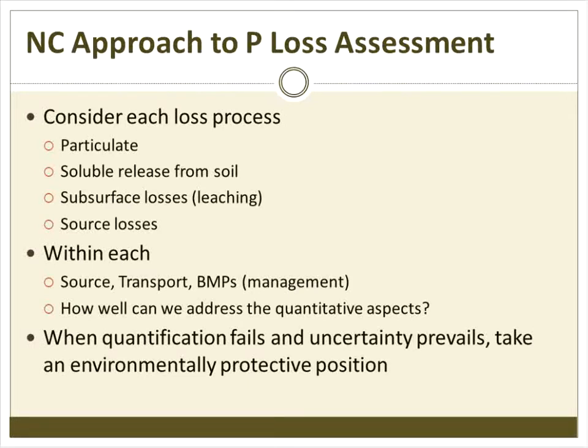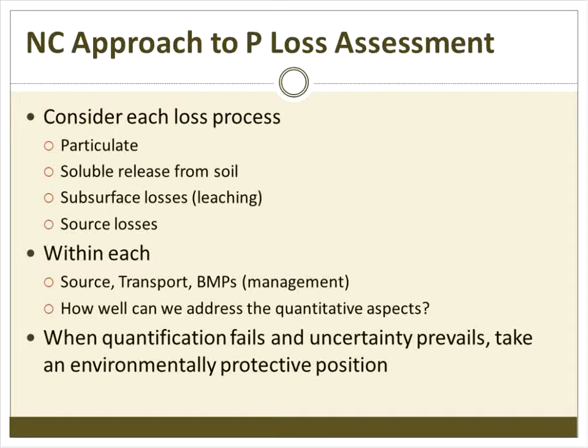We wanted to be able to look at particulate losses of phosphorus, that is phosphorus attached to soil particles. We wanted to look at soluble losses of phosphorus, that is phosphorus in the soil that can be released from the soil as water runs over it. And so we wanted to be able to pick up those phosphorus losses.